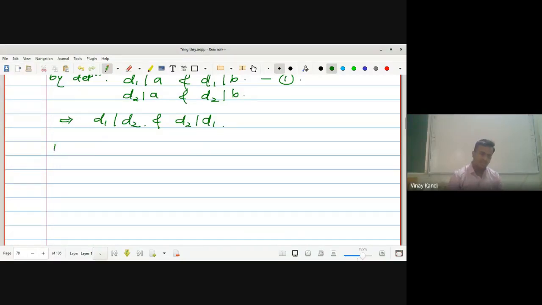Now we have by the theorem. Which theorem? Let R be an integral domain with unity element. Unity element, what? 1.